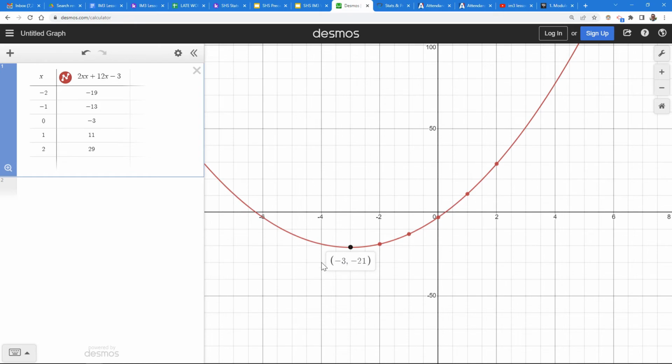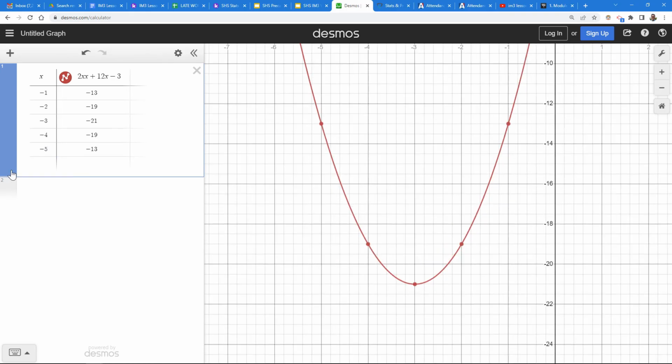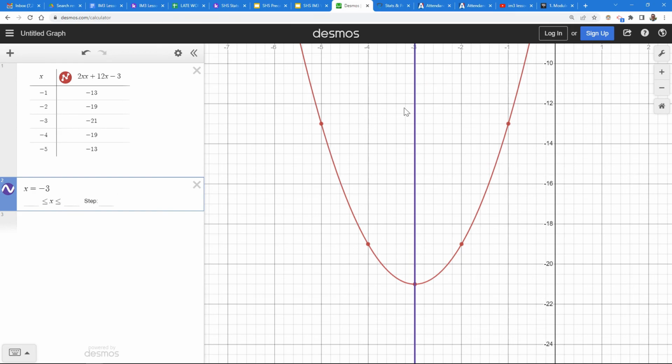This is your axis of symmetry, so x equals negative 3. And now let's graph it. I want to show you something else. If I actually just graph x equals -3, that shows me my axis of symmetry here. So that's how you get a table of values and your graph using Desmos.